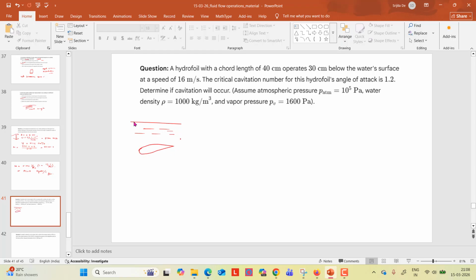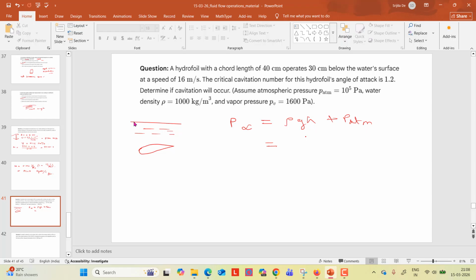Now we'll calculate the upstream pressure, that is P infinity, which is rho g h plus P atmospheric. So rho is given, gh is 30 centimeter, right?